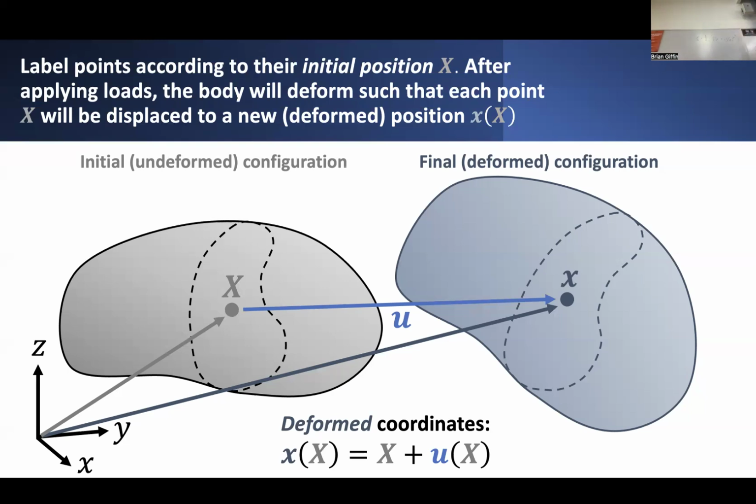So you can treat these coordinates, lowercase x, as the summation of capital X plus u, to give me the new deformed coordinates of some point in some structure.